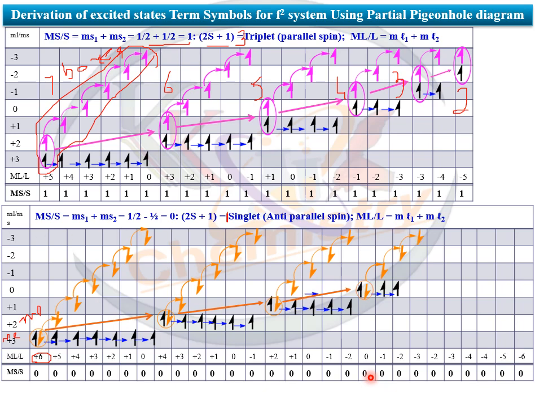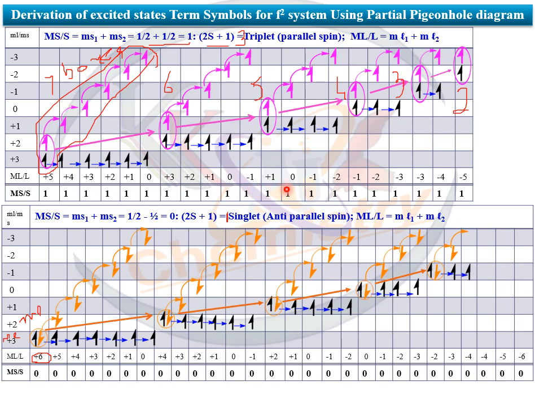symbols. First one, where the maximum ml value is 5. So we will have the term for this particular set: triplet H, spin multiplicity 3, L is equal to 5. The second one, the maximum value is ml 3, so we will have plus 3, plus 2, plus 1, 0, minus 1, minus 2.